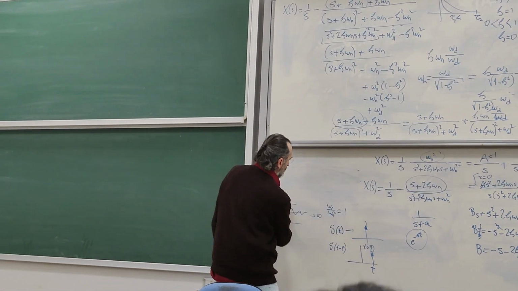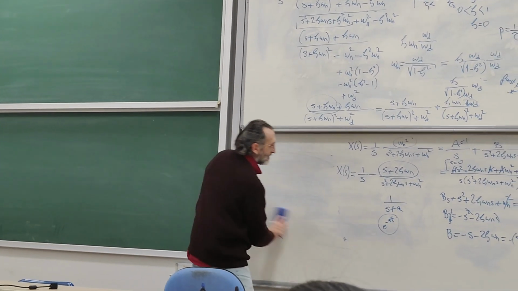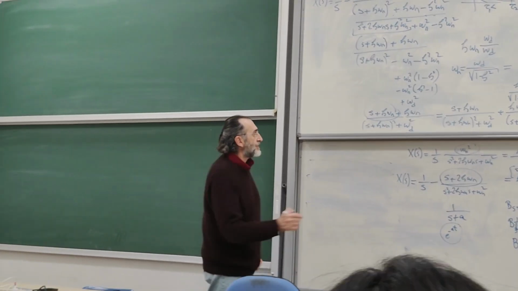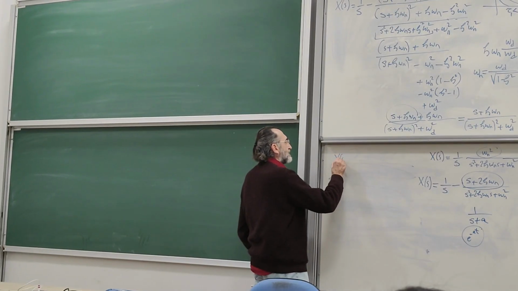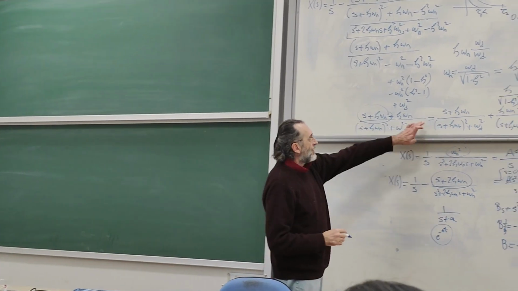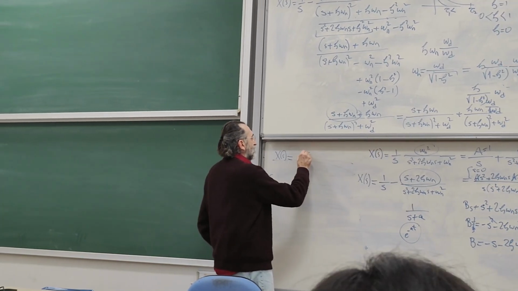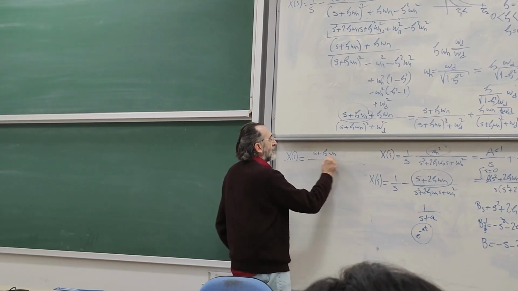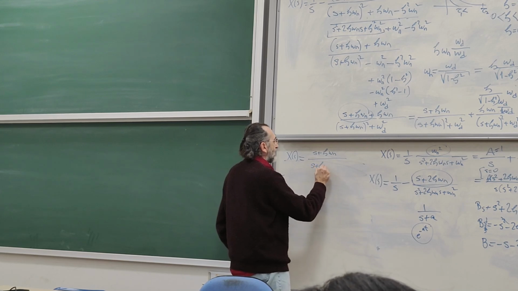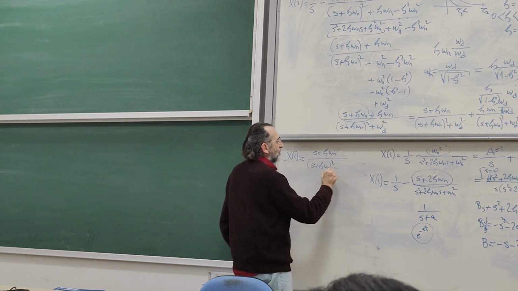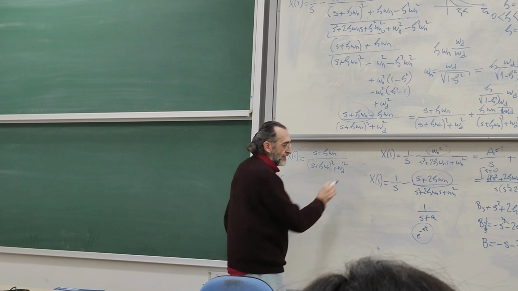So what we have eventually is X of s equals that: s plus zeta omega n divided by s plus zeta omega n squared plus omega d squared, plus zeta divided by square root of 1 minus zeta squared, times omega d divided by s plus zeta omega n squared plus omega d squared.